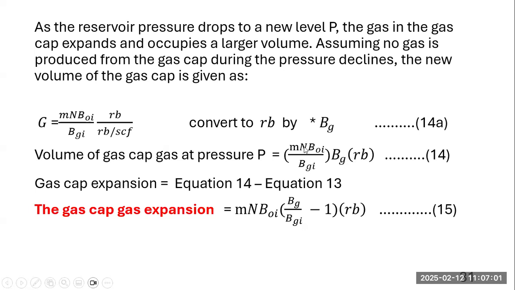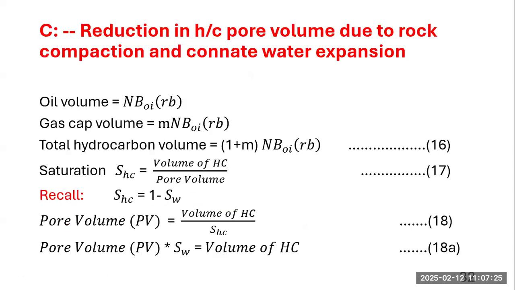If you make MNBOI your subject of formula, you have BG over BGI minus 1, all in reservoir barrel. So this is your gas cap gas expansion. I hope you understand that.